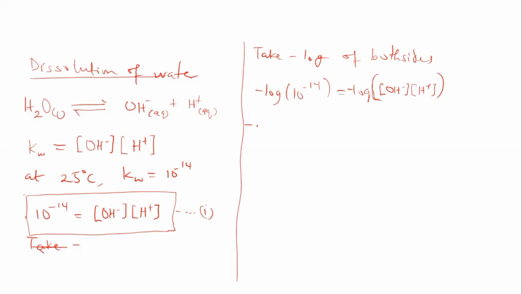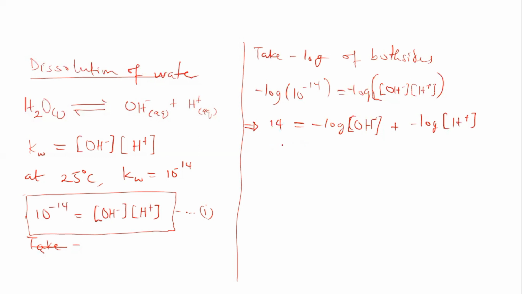This one is going to give us 14, and of course minus log OH minus plus minus log concentration of hydrogen ion.